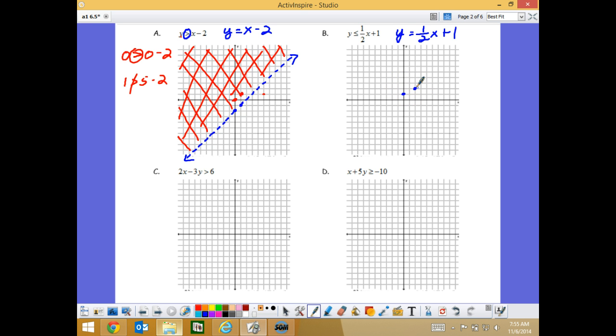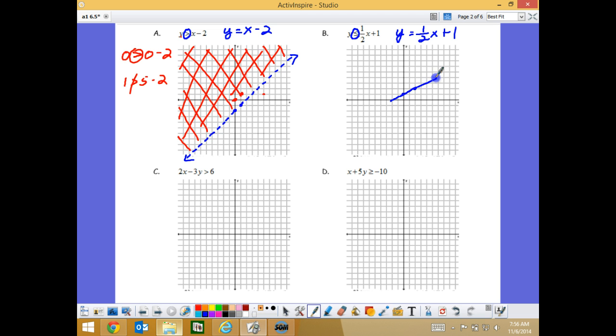Now in this case, again, we look at the inequality, which is less than or equal to, and since it's less than or equal to, that means the boundary line is included in the solution. Any point on this boundary line will make that inequality true. So instead of a dashed line, in this case, we are going to graph a solid line.